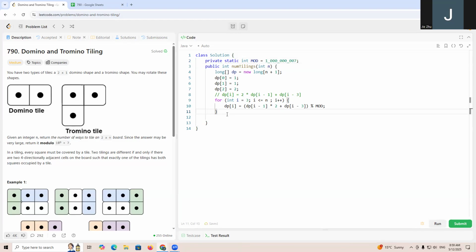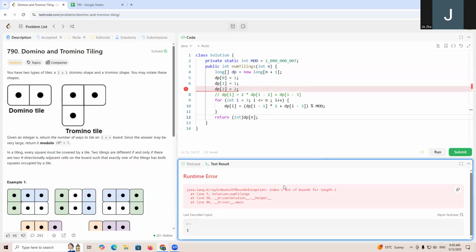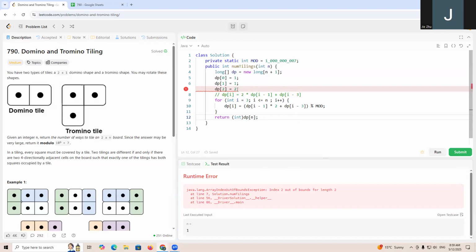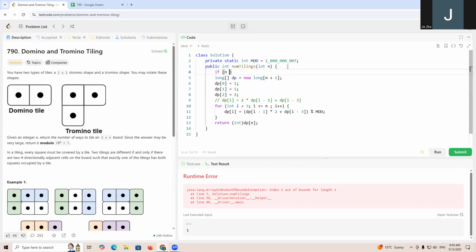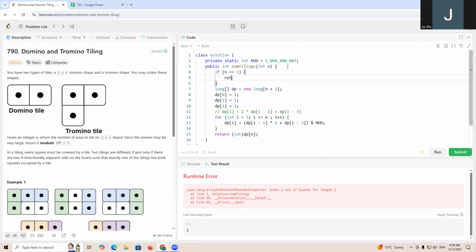And what we return is int dp[n]. Doing it like this, the time complexity will be O(n) and the space will also be O(n). It is possible that we need this: if n equals 1, we just return 1.